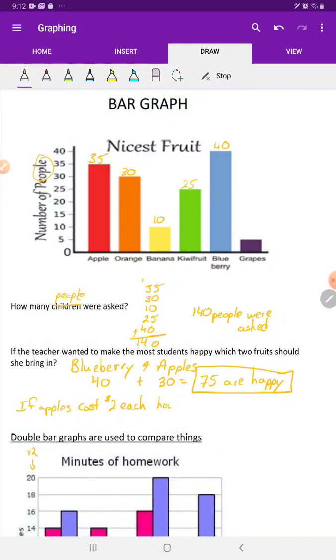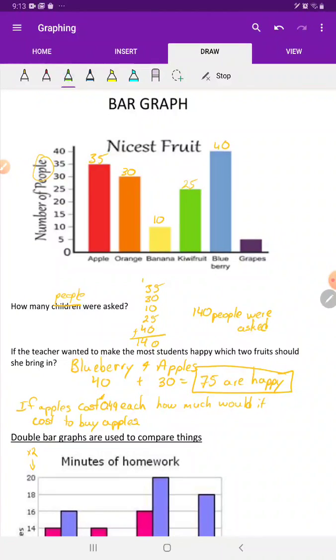How much would it cost to buy apples for everyone who likes apples? Okay, not for the whole class, but for just the people who like apples. And I'm actually not going to do $2 because that's a ridiculous price. So we're going to say 49 cents. Okay. If apples cost 49 cents each.